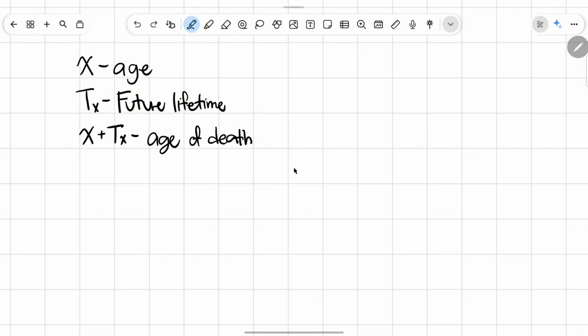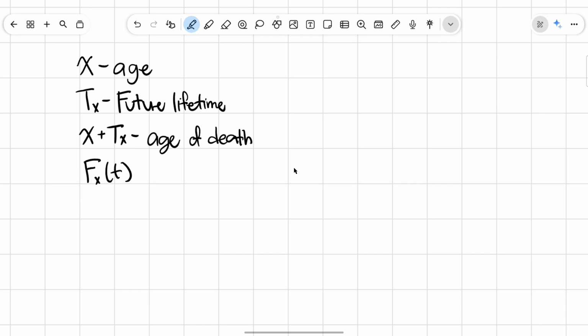Now, we want to know what is the probability that the person age x will die within t years. So we will denote it as Fx of t, where x is the age and t is the time we want for that person to die within.